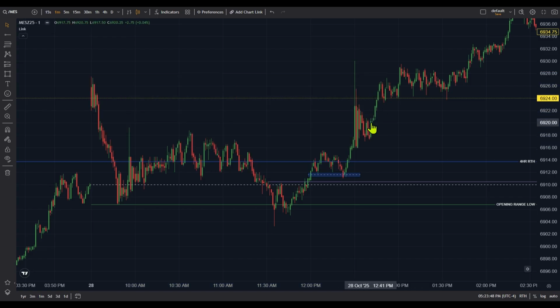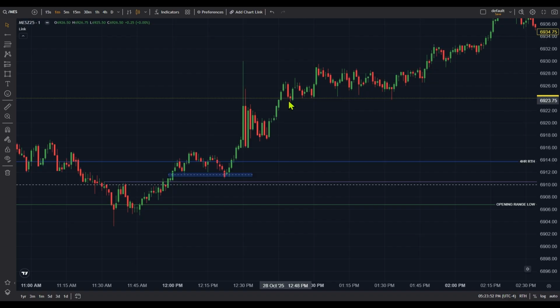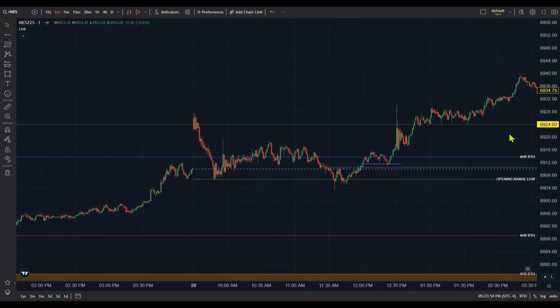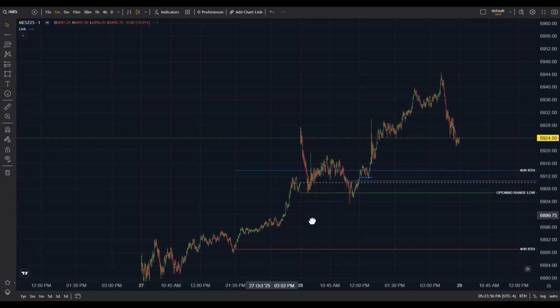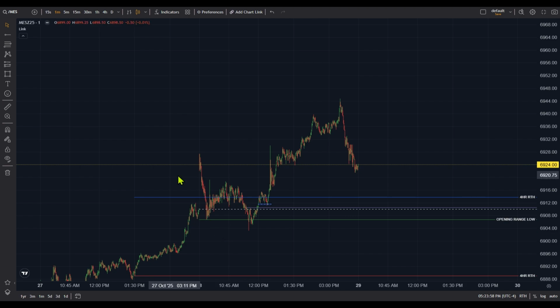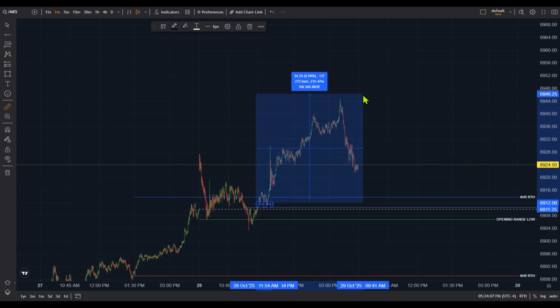Once this pushes down, you could try to get back in one of these fair value gaps here if you wanted to. Or you could just say, you know what? We're making all-time highs. We're going to let this one run a while. I don't know where you'd be aiming for. That's the hard thing about all-time highs. It can reverse at any time. But it did put up 32 points.